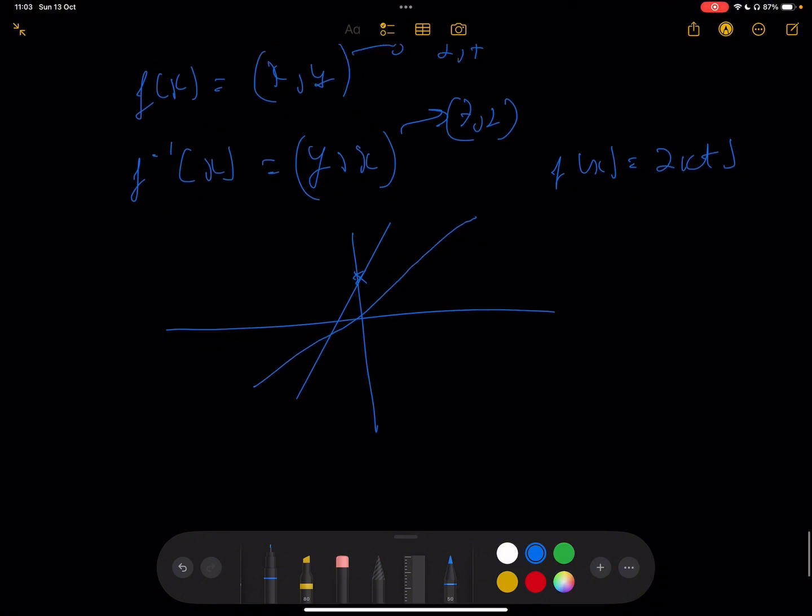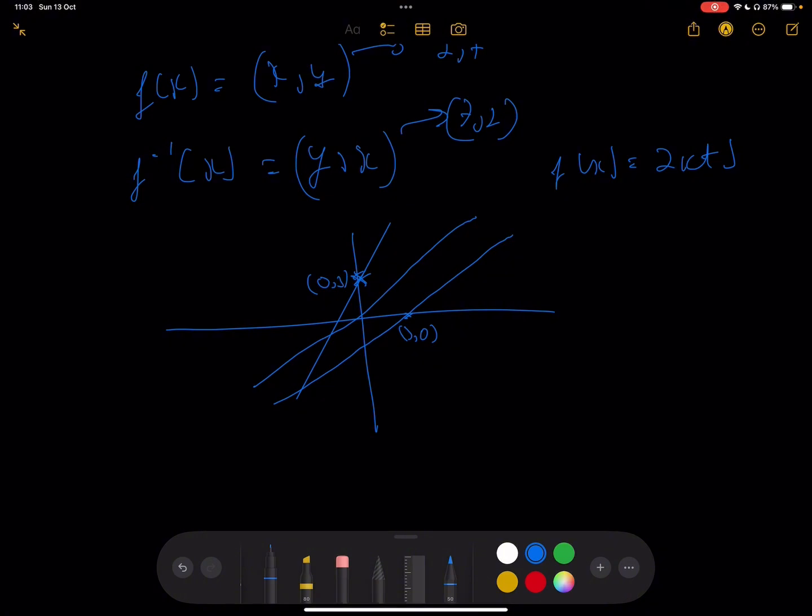This point here is 0, 3, where it intercepts the y-axis. So what's going to happen now is that the inverse function of f of x is going to intercept the x-axis at 3, 0. Whereby we can draw it like this, and it forms a reflection of the line.